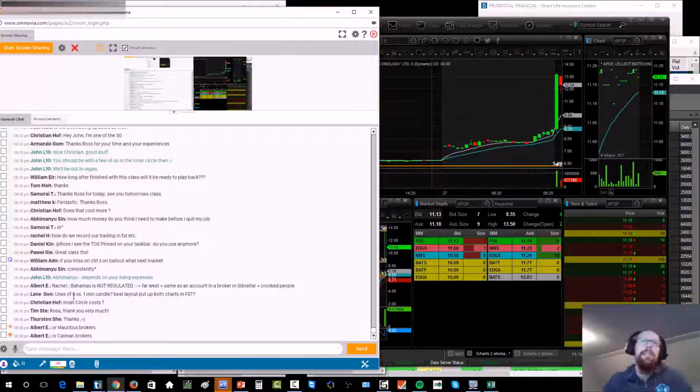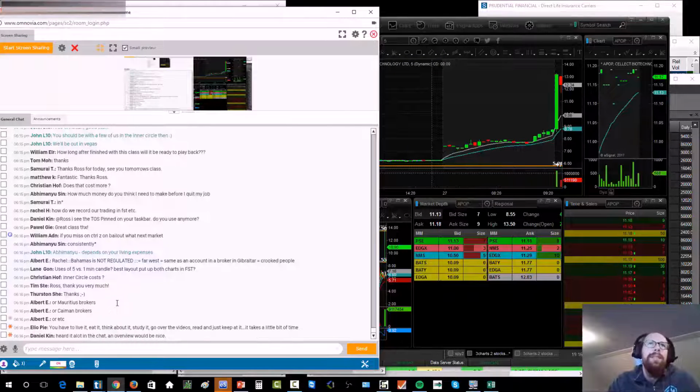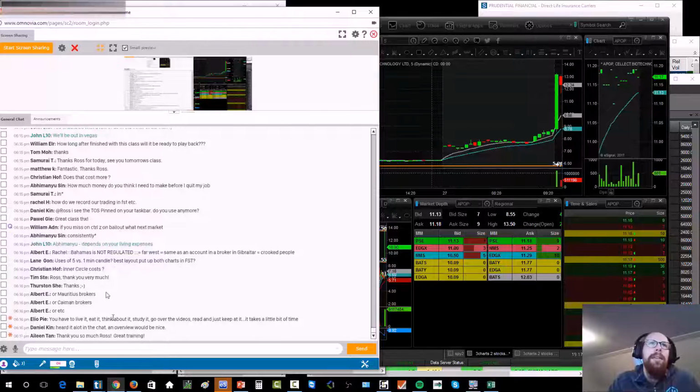Well, the Bahamas does have regulation. That's not exactly true. There are regulations there, so let's not slam the brokers. I mean, do your research. If you don't like it, that's fine. But there are regulations there. It's not the Wild West.